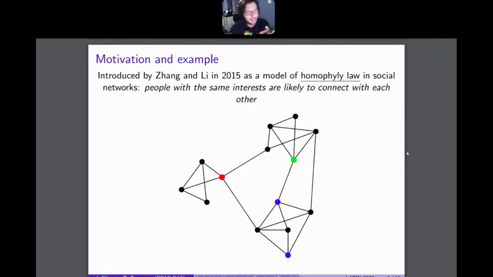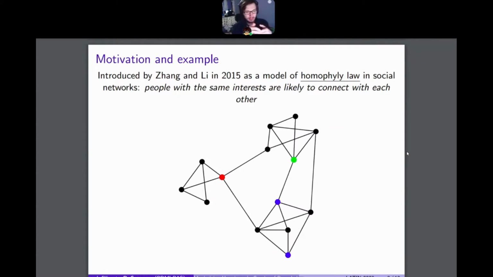Here, red, green, and blue denote different groups. And you would like to guess, for each other person in the network, which group they belong to.